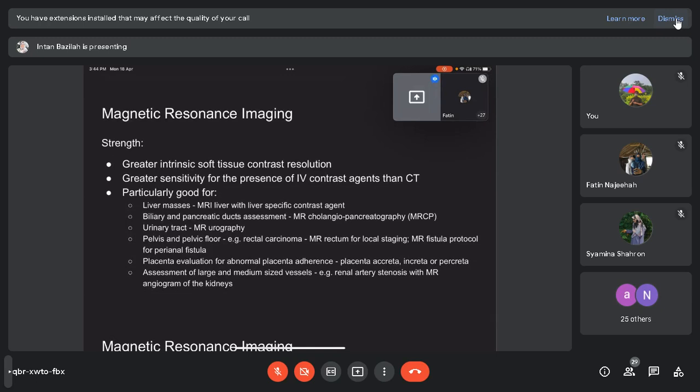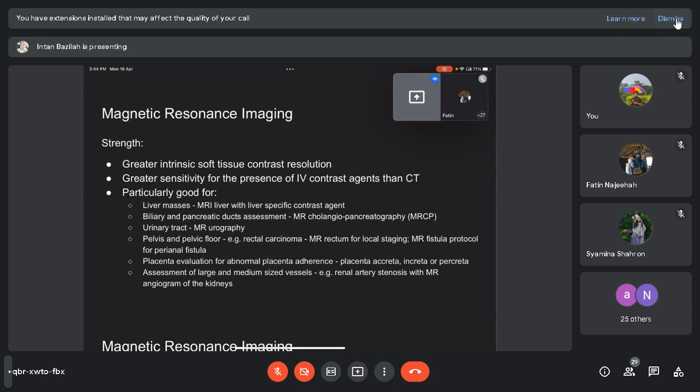What it means is, if you do a CT scan, you only use one type of contrast, which is iodine. Iodine will enhance any sort of organ. But in MRI, we have specific contrast agents for specific organs.